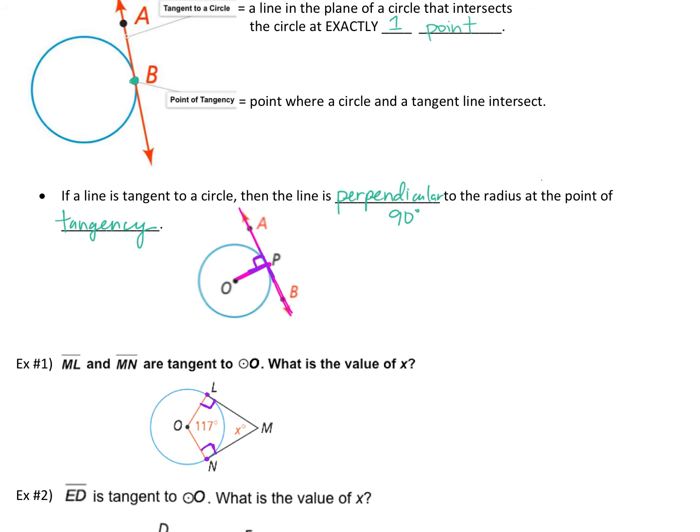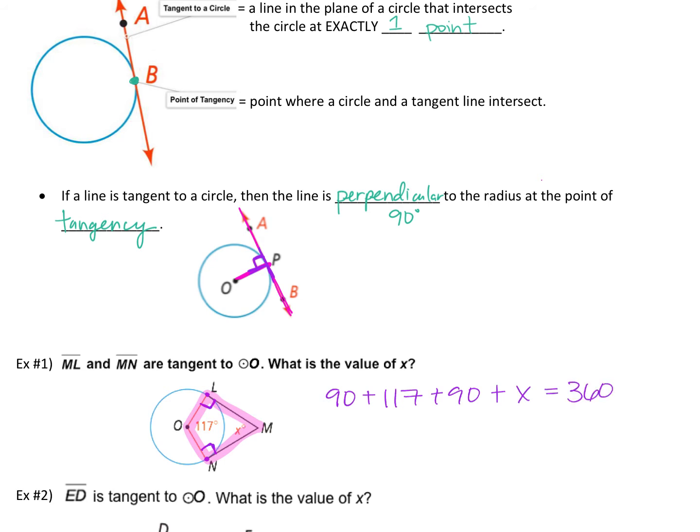Okay, now look at this. Here's what people tend to forget. I have what shape? A kite. It is a kite. It's a quadrilateral, right? How many degrees in a quadrilateral? 360. So that means that 90 and 117 and 90 and that X should add up to 360, right?